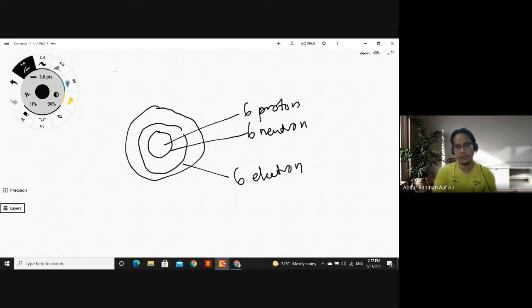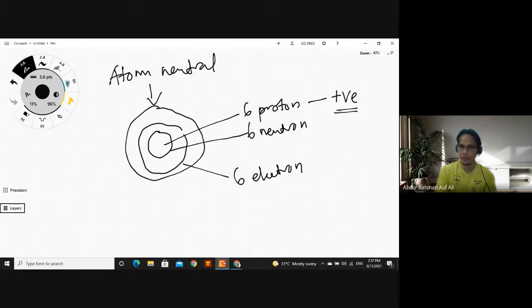So dia kata kat sini tadi atom ni is neutral. So why is this atom neutral? Kamu tengok kat sini bilangan partikel ni, proton ada 6 biji and dia adalah positive. So this is the key word here, positive. Elektron pula bercharge negative.